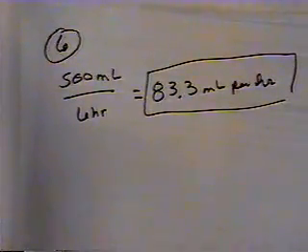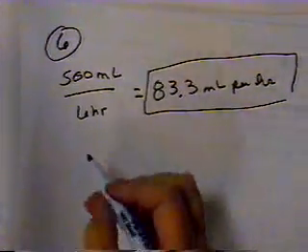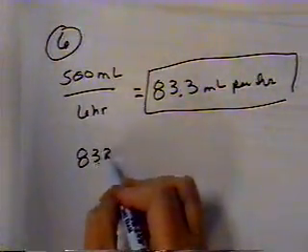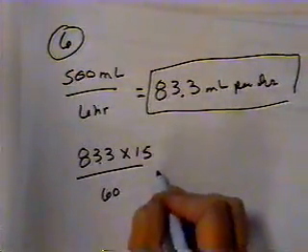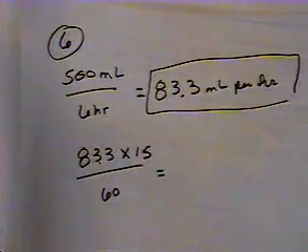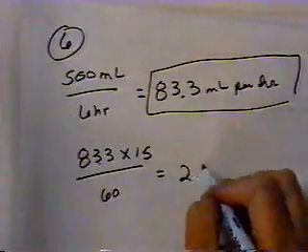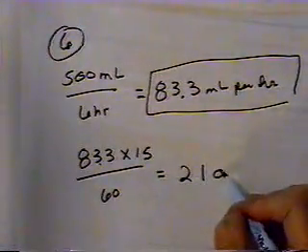We have to skip to the bottom of it till it says there are 15 drops per milliliter. So 83.3 times the drop factor over 60. Round to the whole number for the drops.